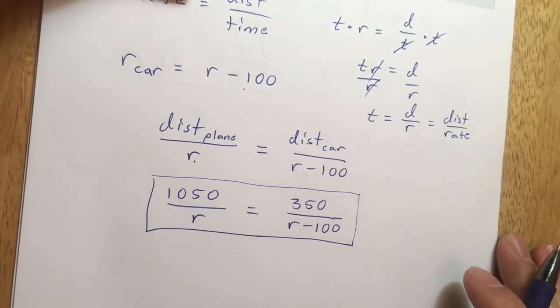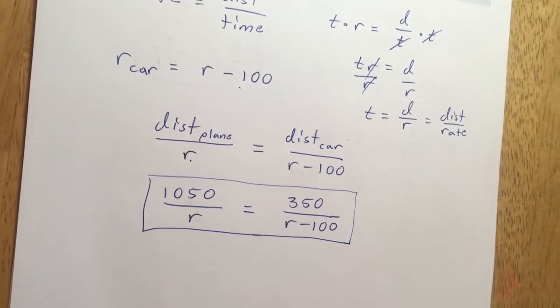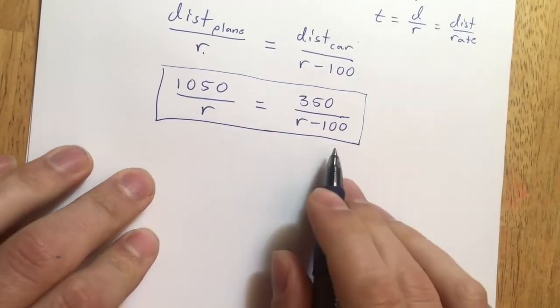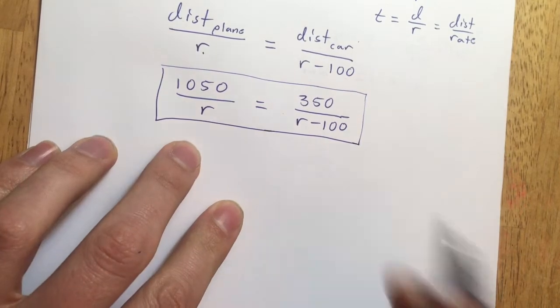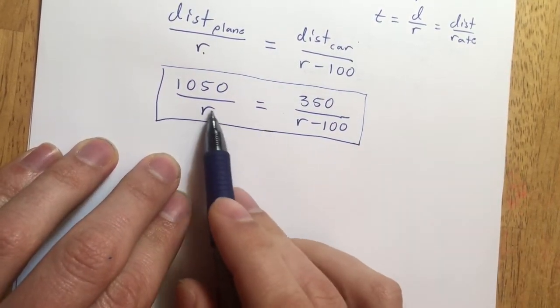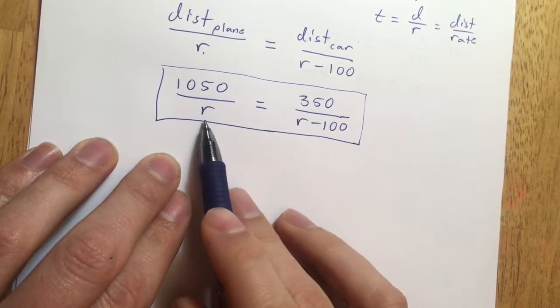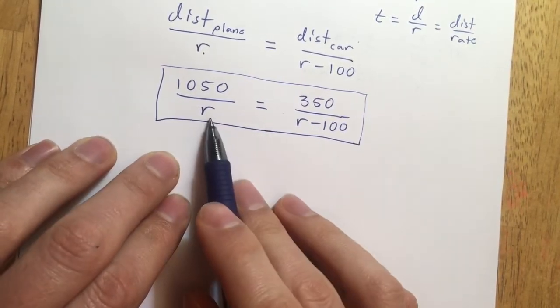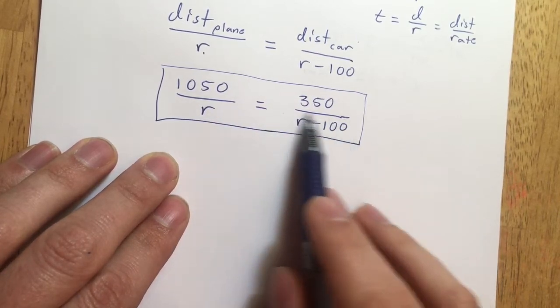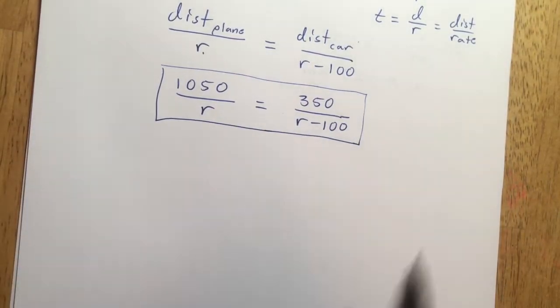Solve this equation. When we solve an equation involving fractions, we like to clear the denominators out. We do that by multiplying both sides by the least common multiple of these denominators, which we call the LCD.